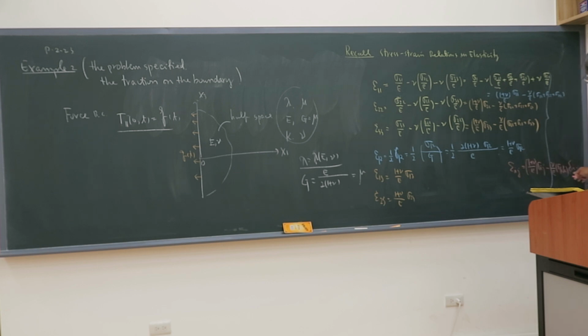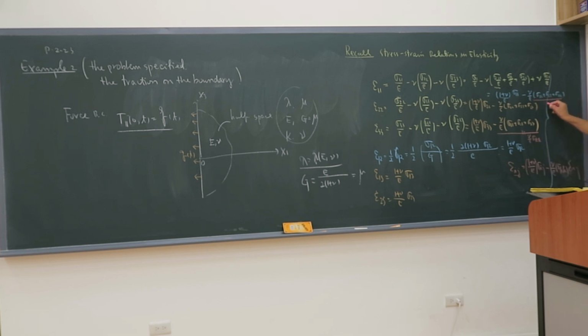So when i is equal to j, because it's a free tensor, delta ij equals 1, and this will be the same as nu over E sigma kk.